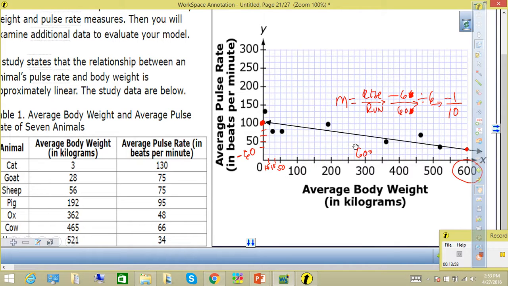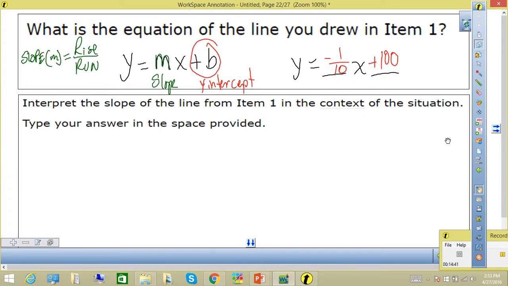Okay. So now that we understand what this is saying, let's go to our equation. Look at our slope of the equation. What does this mean specifically? Talk it over with your neighbor.